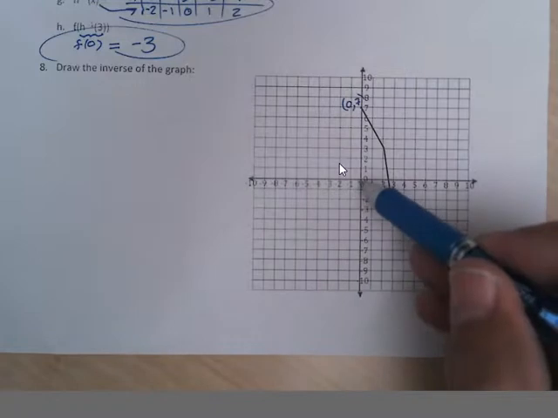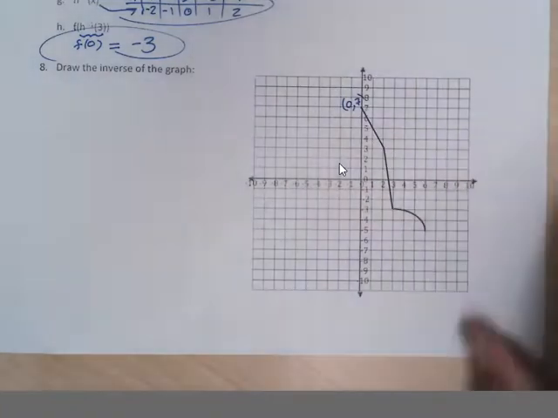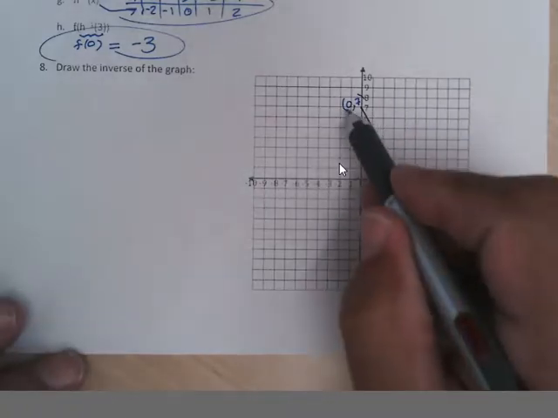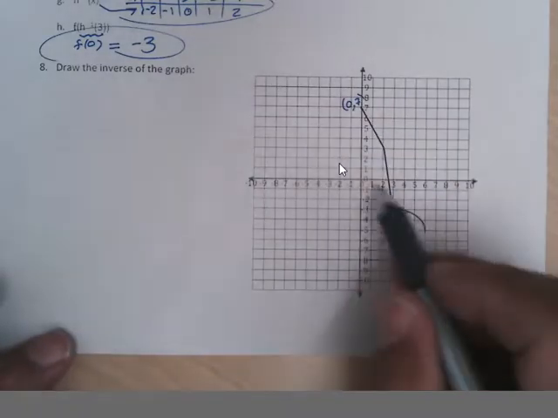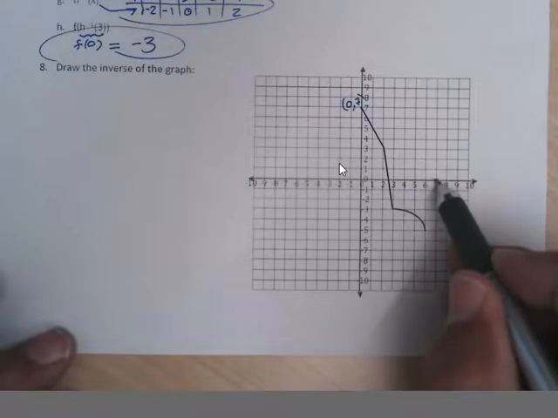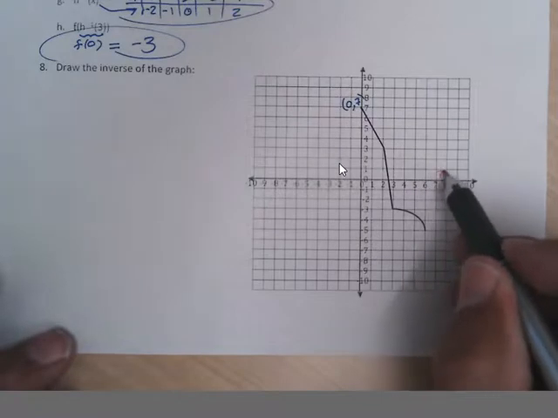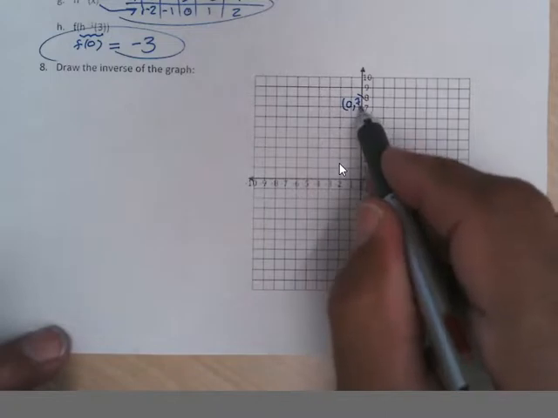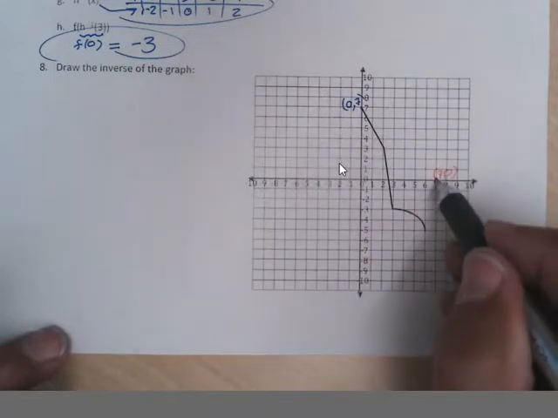Over 0, up 7. So the inverse, I want to reverse those, so I have to graph 7, 0. So this point is moved to there for the inverse.